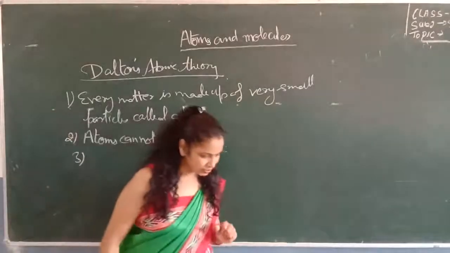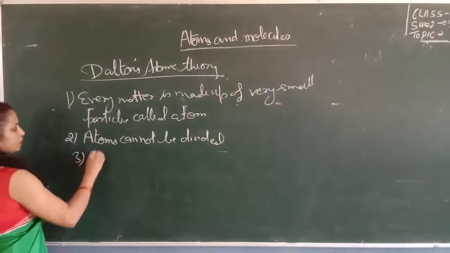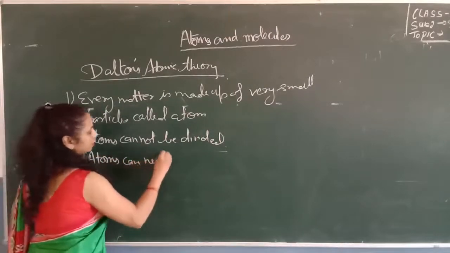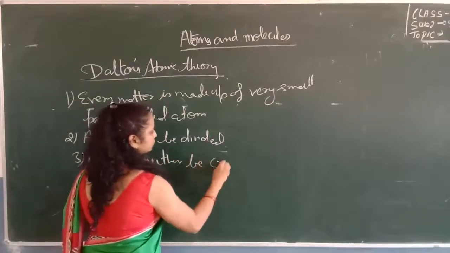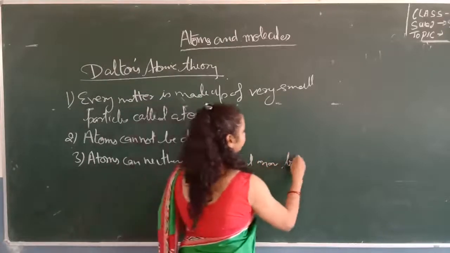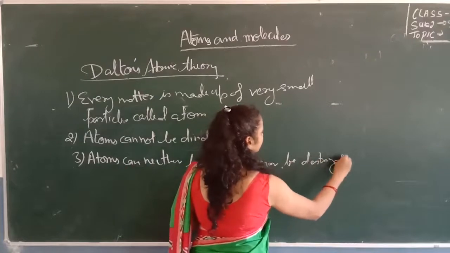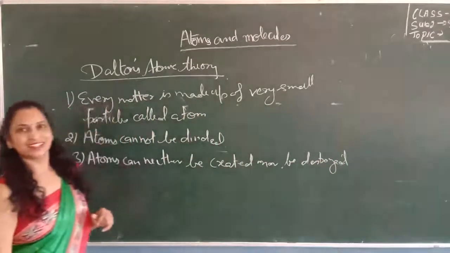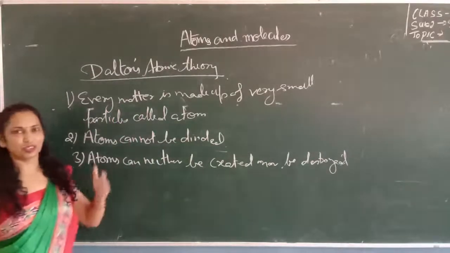The third point is atoms can neither be created nor be destroyed. As we study in physics, energy can neither be created nor be destroyed, it can only be converted from one form to another.